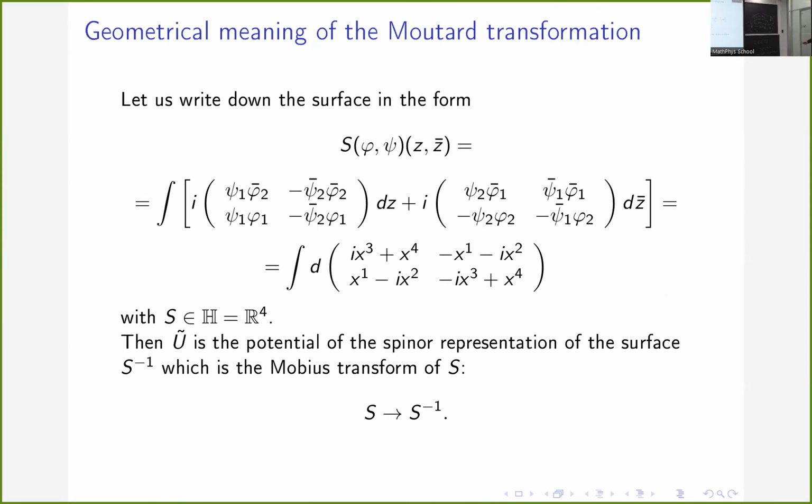This is, we take this Weierstrass representation, we write down its representation as a matrix. So we identify R4 with quaternions. Quaternions are just 2 by 2 matrices with complex entries. These are just the representation of quaternions.